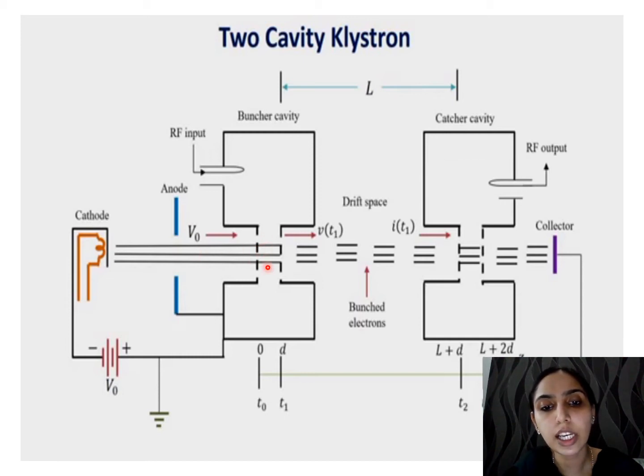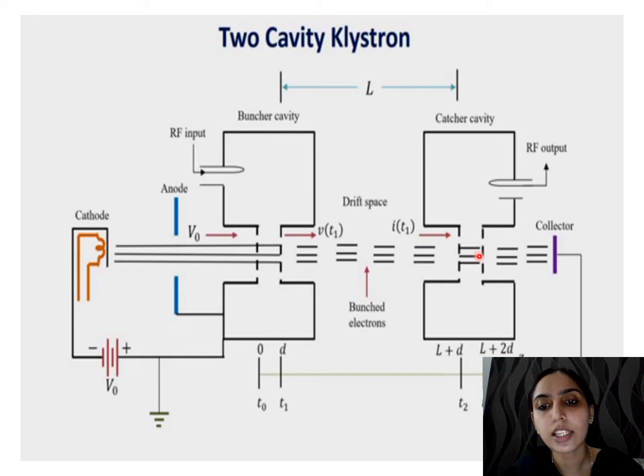Once it goes inside this cavity, it will be subjected to velocity modulation as told. So there will be bunching of electrons. Bunched electrons will be available in the drift space between the cavities, and we assume that the maximum bunching occurs at the center point between the two cavities. Again, the electrons coming at the catcher cavity, the density of the electrons is going to vary in every cycle.